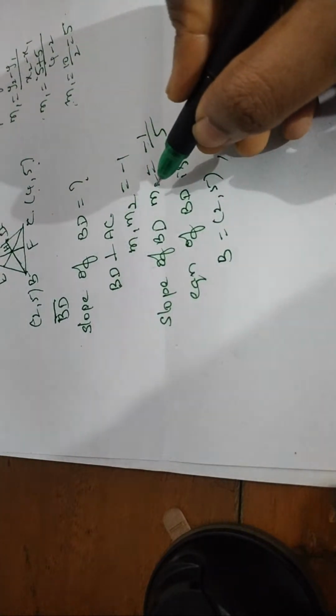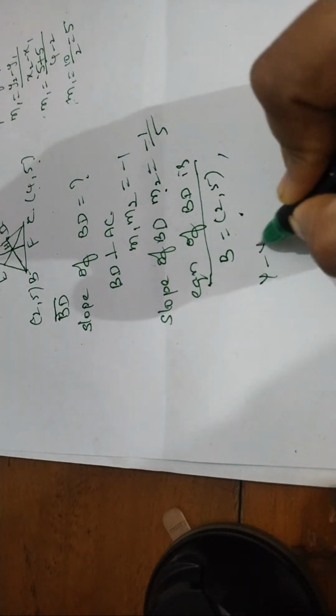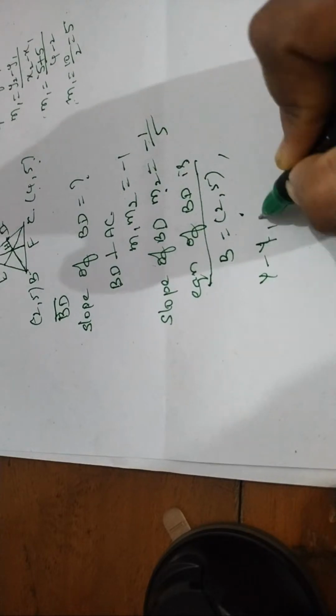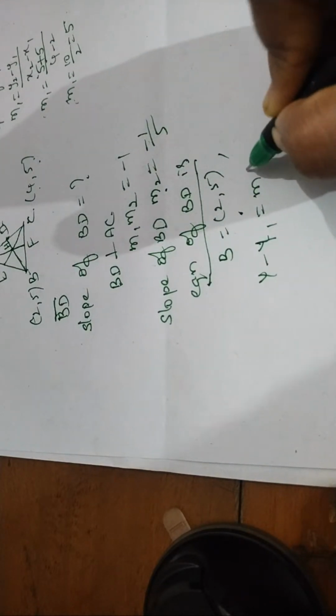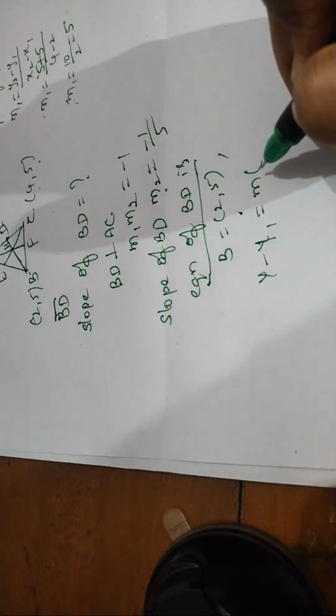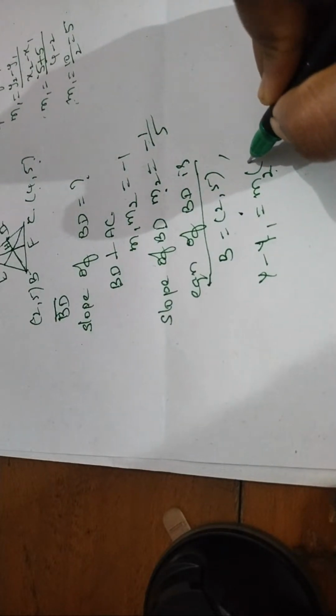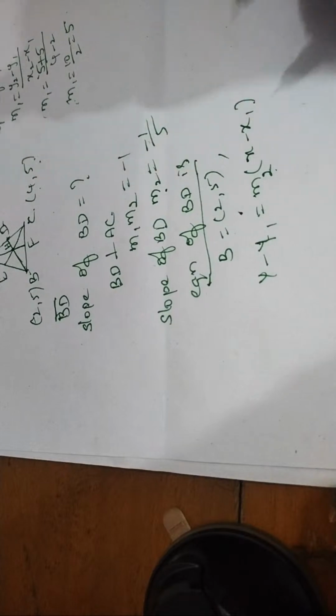Now we know the slope and we know the point. At that time the equation formula is y minus y1 equals m into x minus x1. What is the m here? For BD, m2. So the required slope of BD is m2.